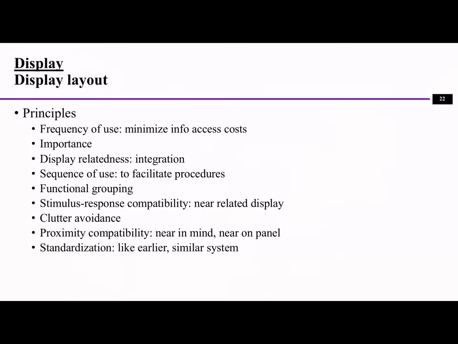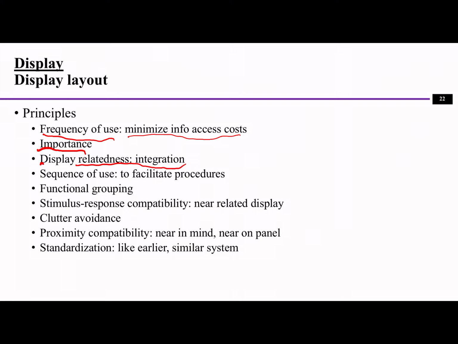Displays also have some layout principles. For example, it depends on the frequency of use. You might want to minimize the information access costs, and also base it on importance, or relatedness.